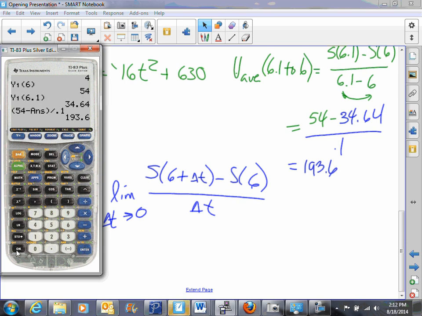So let's try this. Y2, let's just do parentheses, Vars, Y-Vars, Function, Y1 of x plus 6 minus, up.